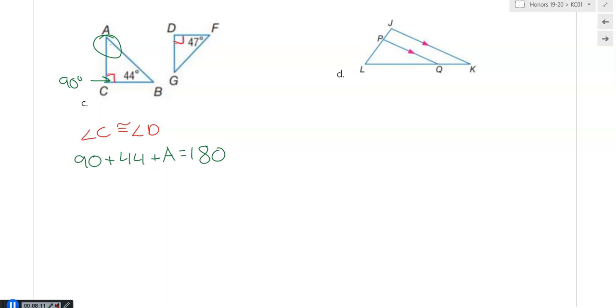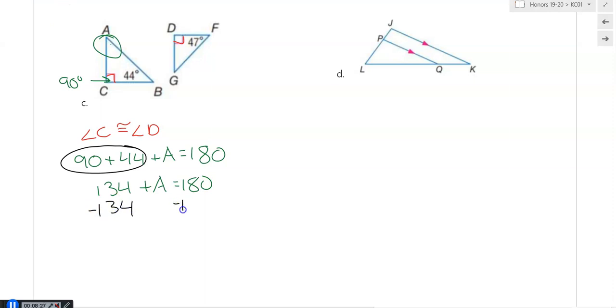So 90 plus 44, that's what I'm combining, and we get 134. Then I have to subtract 134. And we get A equals 180 minus 134 is 46. Yep.